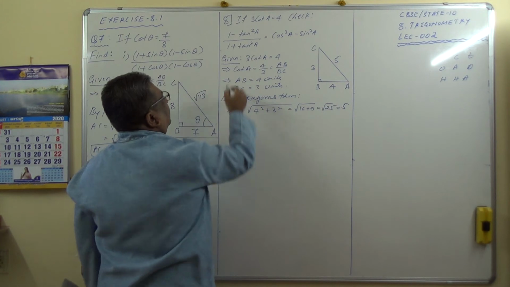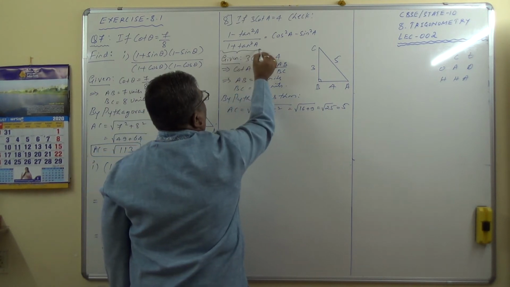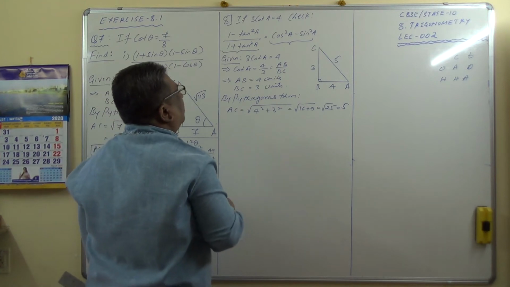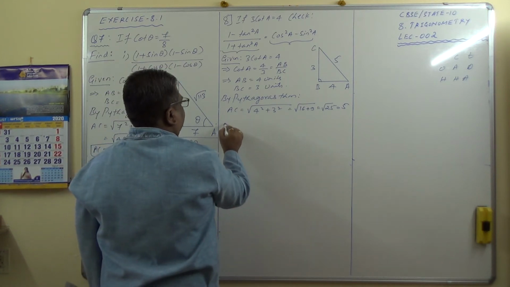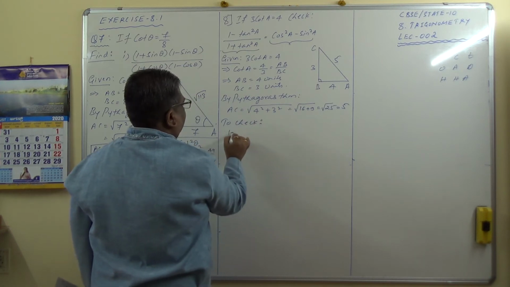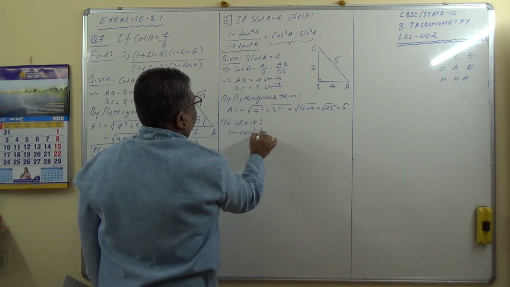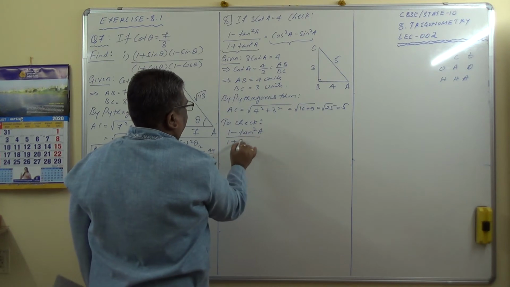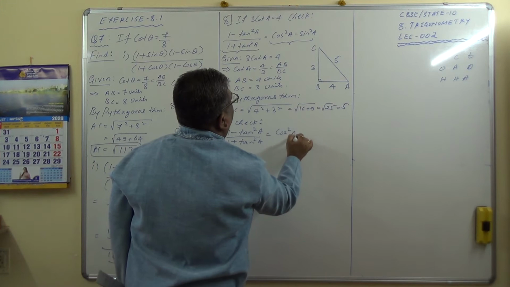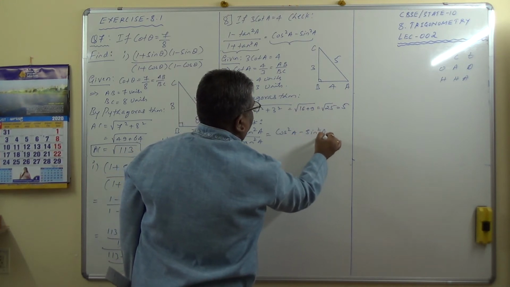So I'll take this as LHS and this as RHS. To check, 1 minus tan square A by 1 plus tan square A equals cos square A minus sin square A.